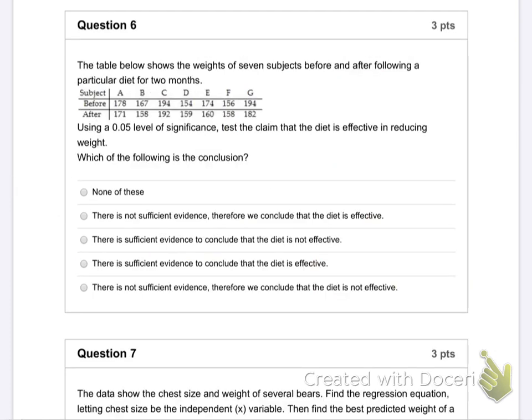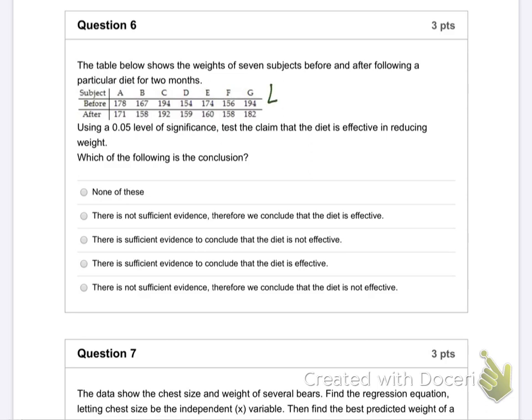All right, so on to number 6 we go. The table below shows the weights of 7 subjects before and after following a particular diet for 2 months. Before and after, same thing again. This is going to be matched pairs because those are the same people before and after their diet for 2 months. But this one's a hypothesis test, not a confidence interval.